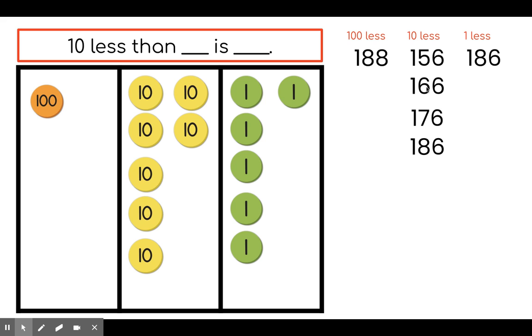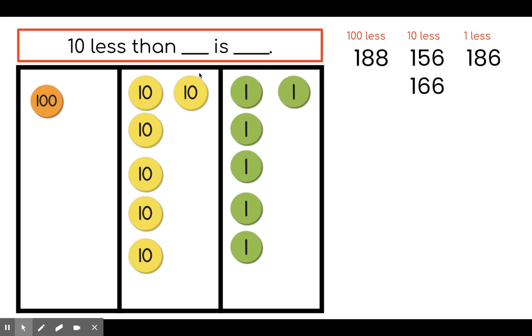Now our numbers are decreasing in the tens place value spot. Let's take away another 10 place value disc. Remember, the numbers in the tens place value spot is decreasing. So we could say 10 less than 176 is 166. Goodbye, 176.